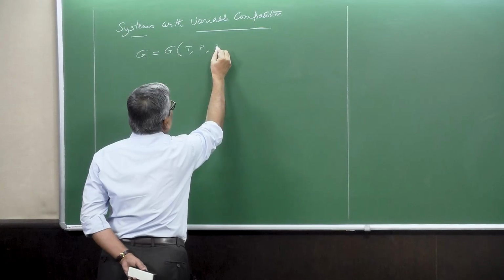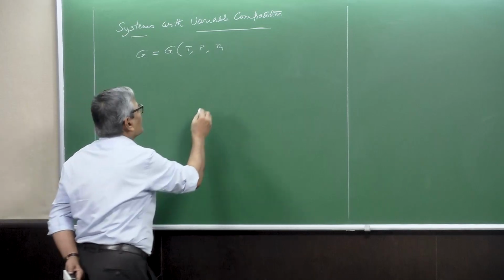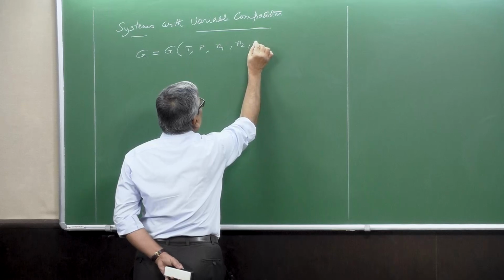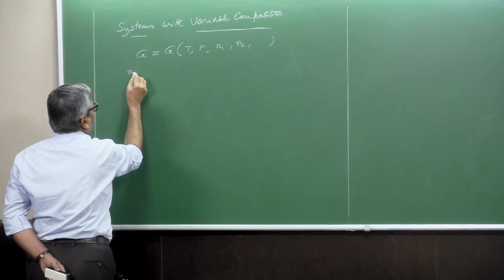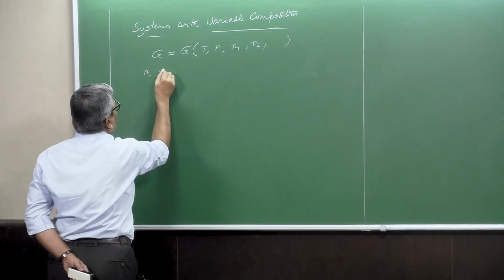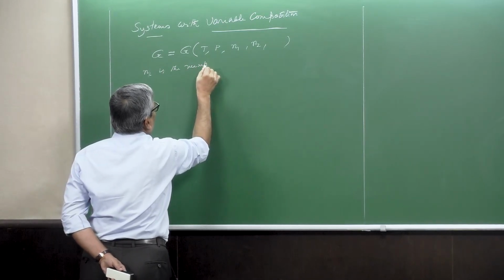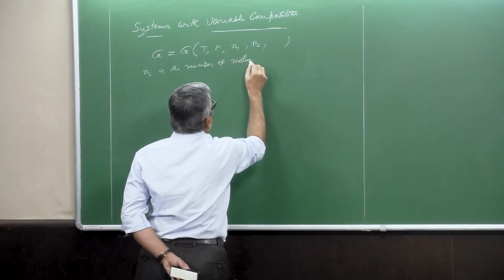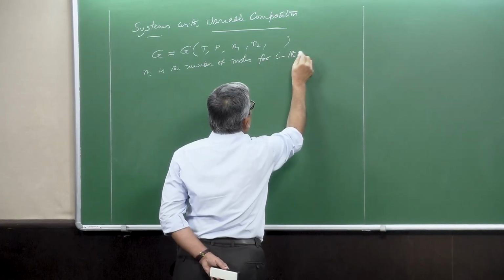But say it has N1 moles for component 1, N2 moles for component 2, and so on. Ni is the number of moles for the ith component.